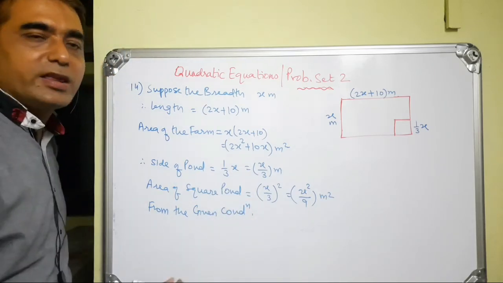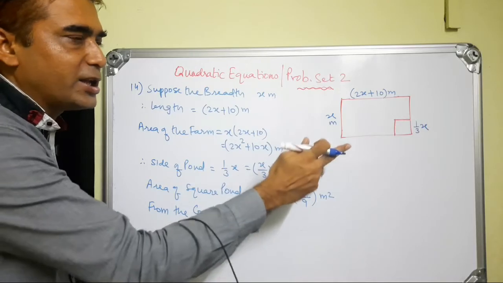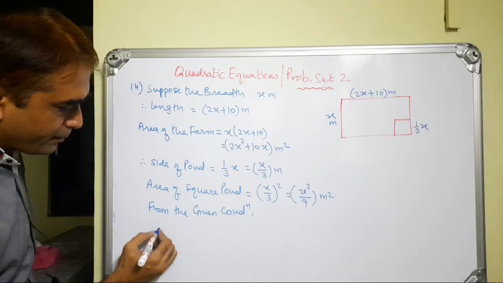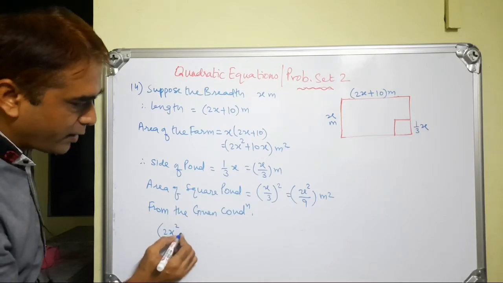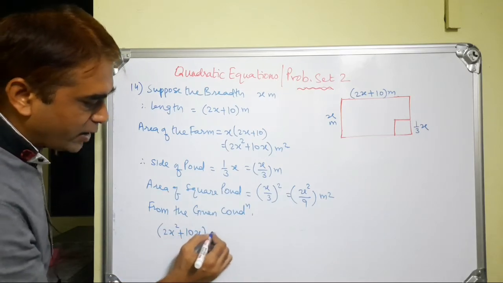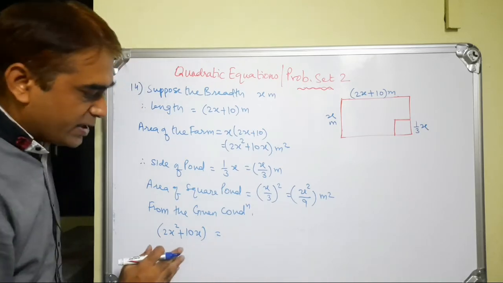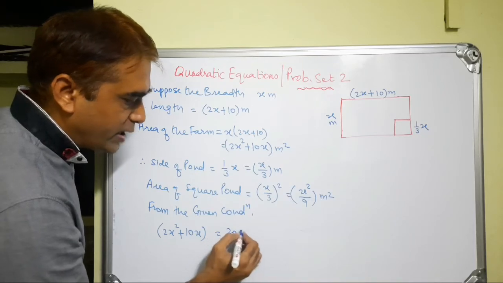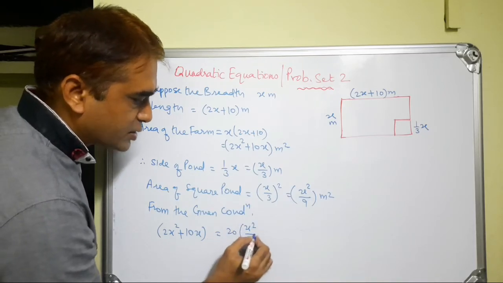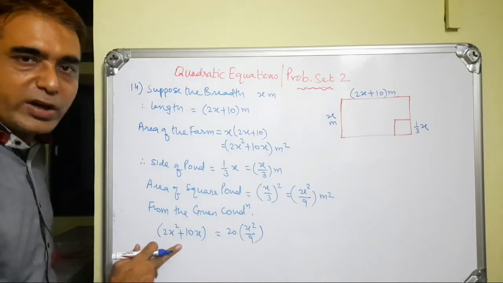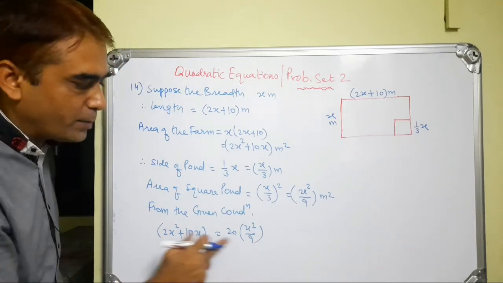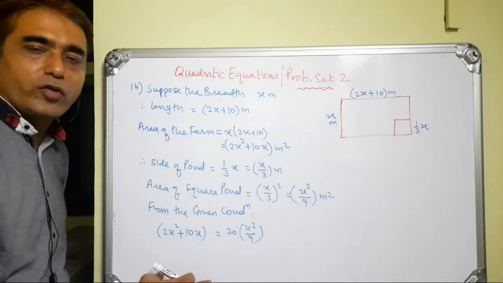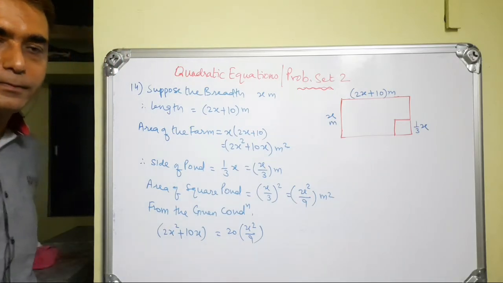The condition is that the area of the farm is 20 times the area of the pond. So the equation will be area of the farm, that is 2x square plus 10x, equals 20 times x square upon 9. For getting the equation, we multiply the smaller side by 20. Now after this you will get the equation, and you have to solve it.